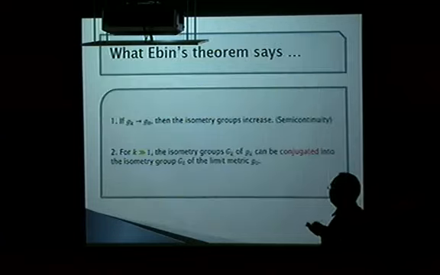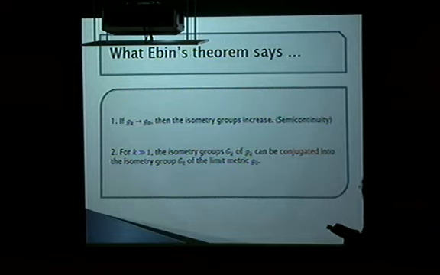And what Ebin's theorem says, sorry about the repetition, is that if the Riemannian metric converges in the C-infinity sense, then isometry groups increase at the limit. So that's what I call semi-continuity. As you take the limit, the isometry group suddenly increases at the limiting point. That's what the semi-continuity terminology means.